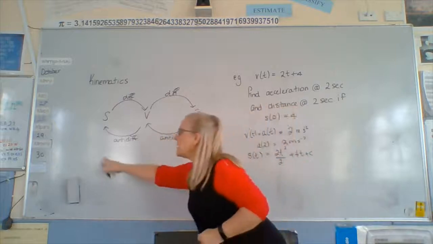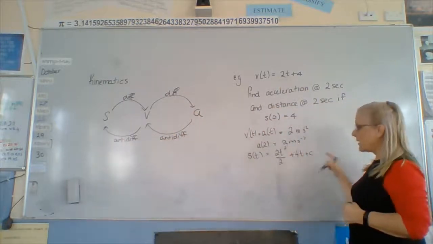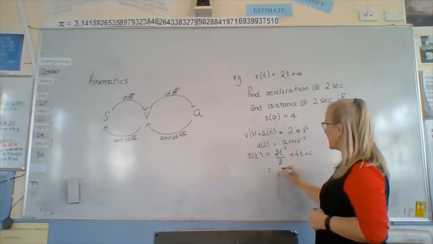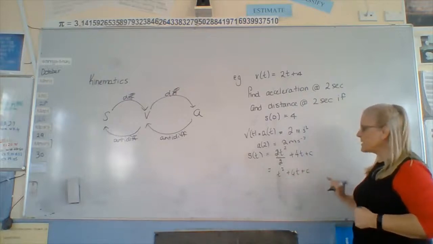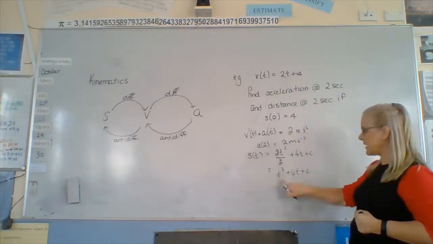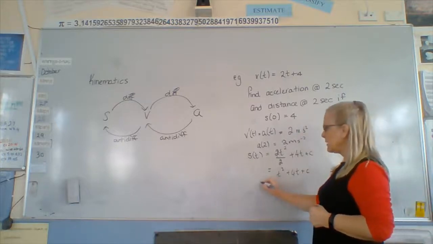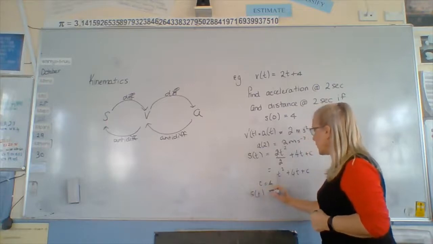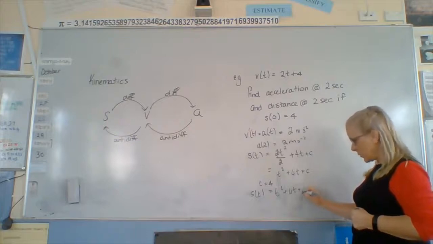Anti-differentiate from here back to here. Anti-differentiate, 2t over the. What does that actually mean? Let's get rid of that because that's complicating issues. So t squared plus 4t plus c, and when t is equal to 0, that equals 0, and it has to equal 4. So what is c? C equals 4. So S of t equals t squared plus 4t plus 4.